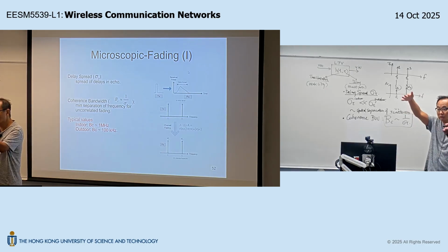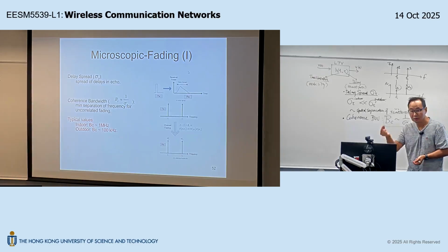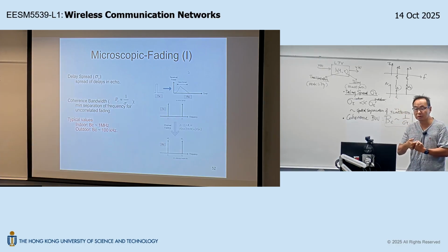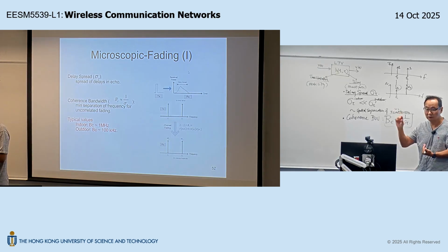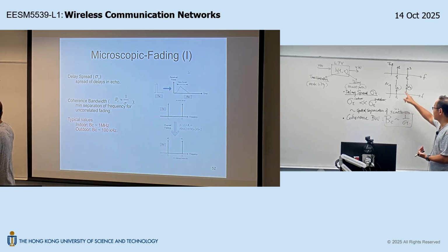You have two sine waves added together. When the path difference is integral multiple of a wavelength, then this is constructive superposition, right? So whether the result of this superposition is constructive or destructive depends on what? Depends on the wavelength, right? If it depends on wavelength, that means it depends on the frequency.